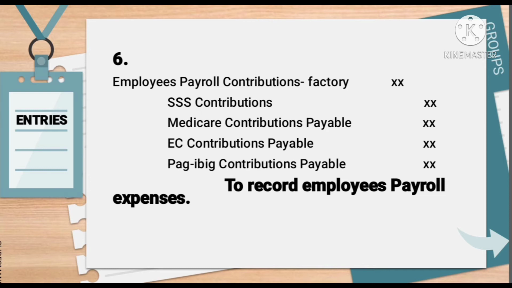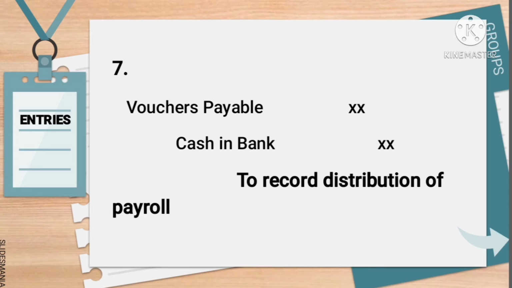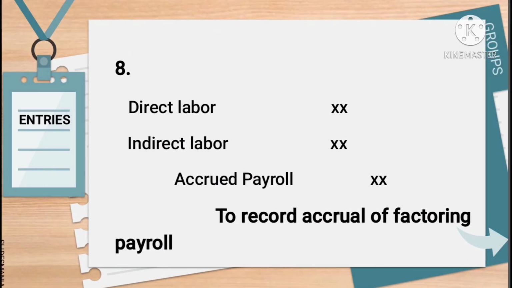Credit SSS contribution payable, Medicare contribution payable, EC contribution payable, Pag-ibig contribution payable. 7 is to record distribution of payroll. Debit vouchers payable, credit cash in bank. 8 is to record accrual of factory payroll. Debit direct labor and indirect labor. Credit accrued payroll.